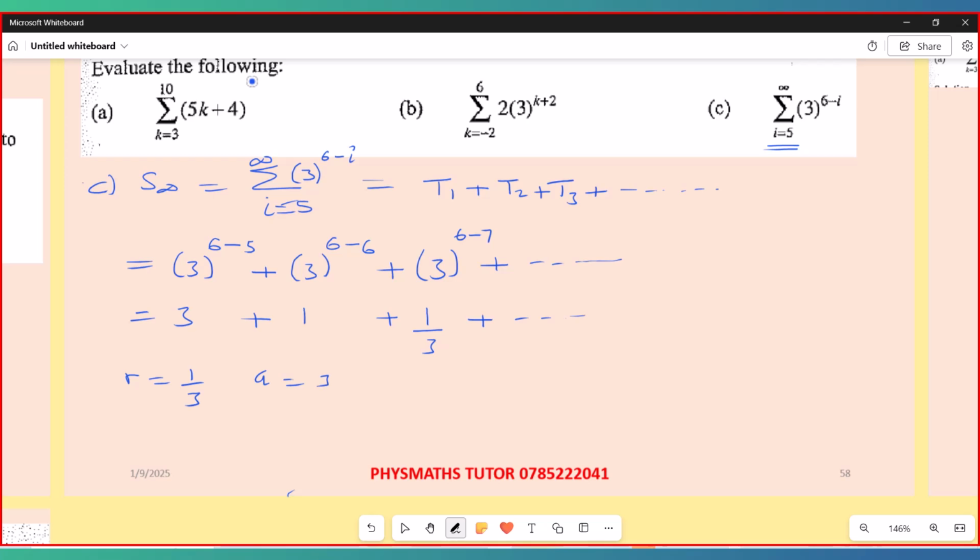So what does the formula say for the sum to infinity? S infinity equals a over 1 minus r. So from here, what is our a? 3. 3 divided by, what about our common ratio? 1 over 3.